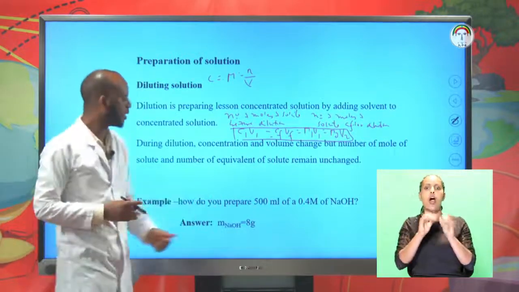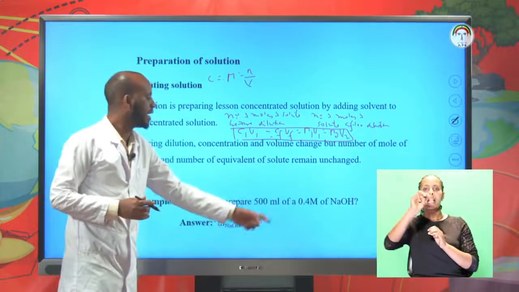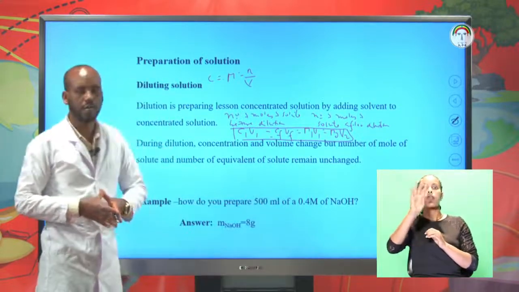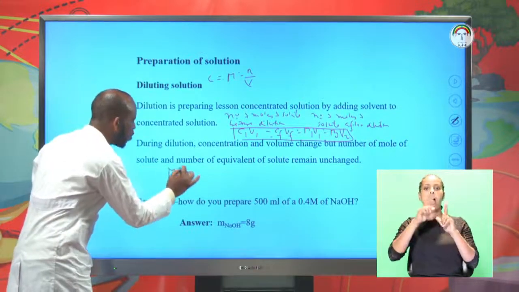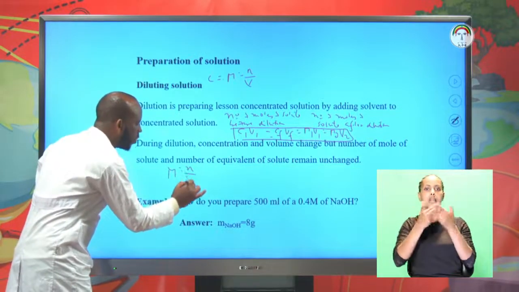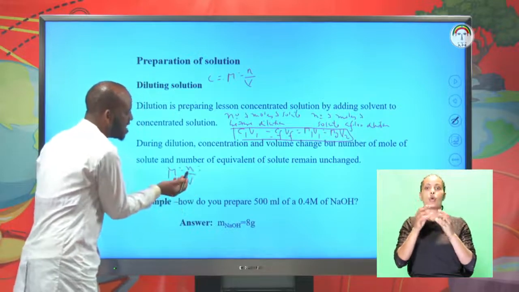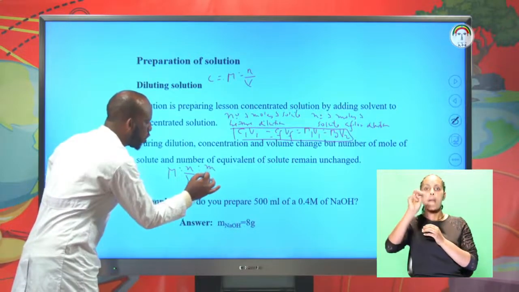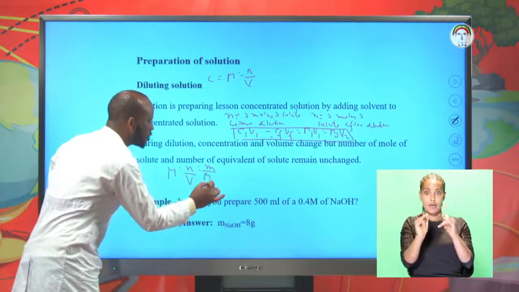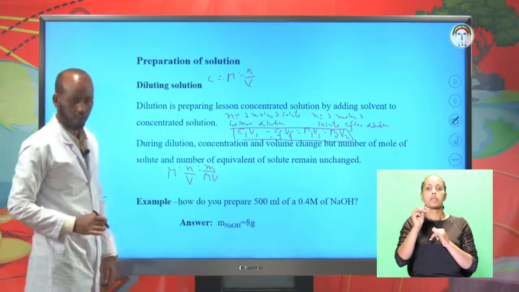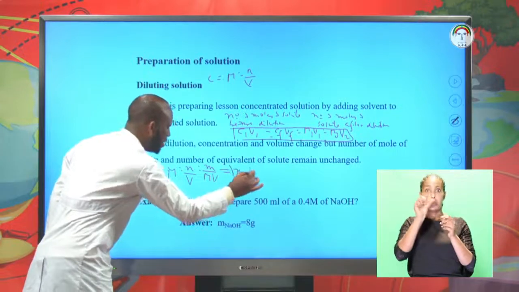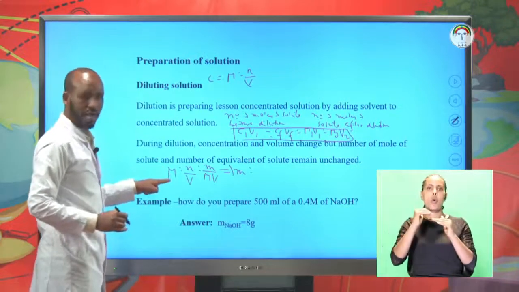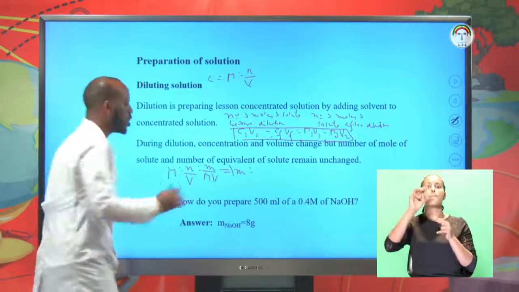Molarity by definition, capital M, equals number of moles divided by volume of the solution. From this, number of moles is mass of the solid divided by molar mass. Mass of the solid, small m, equals molarity times molar mass times volume.